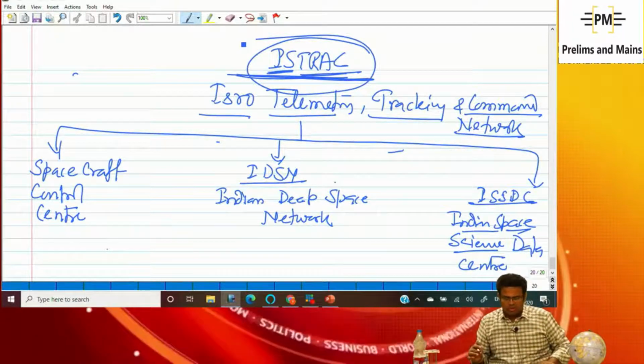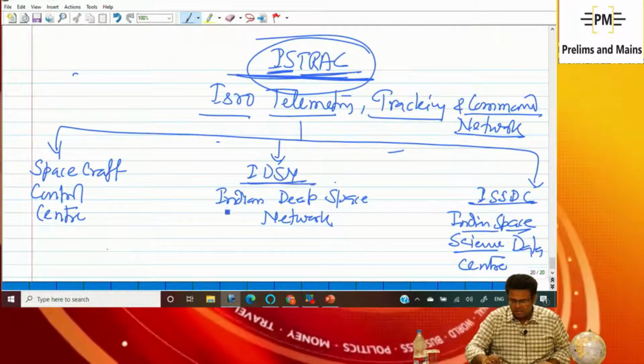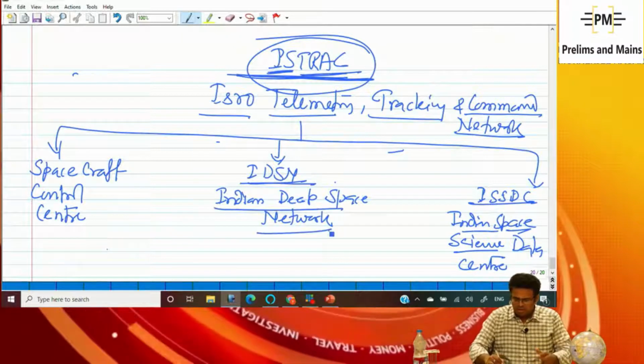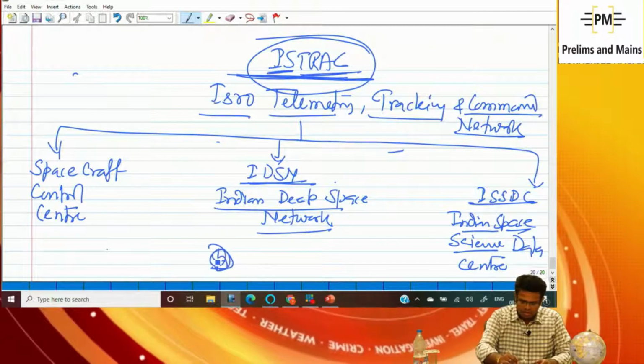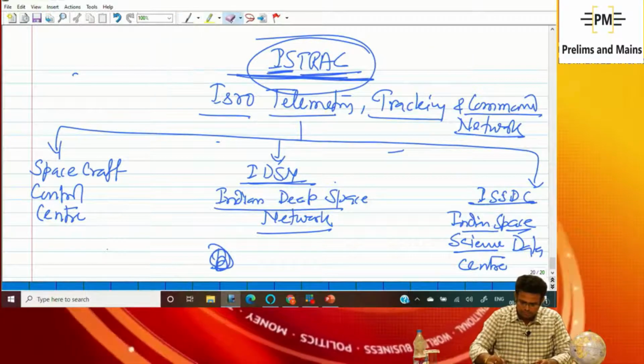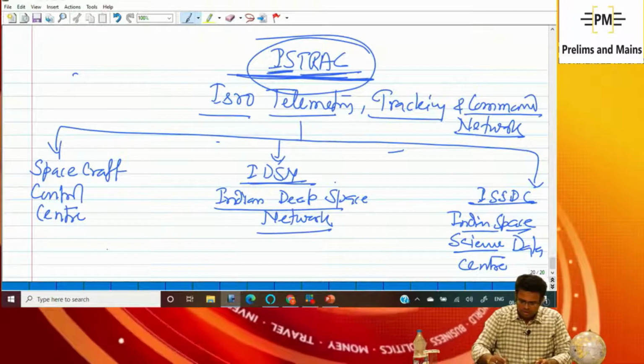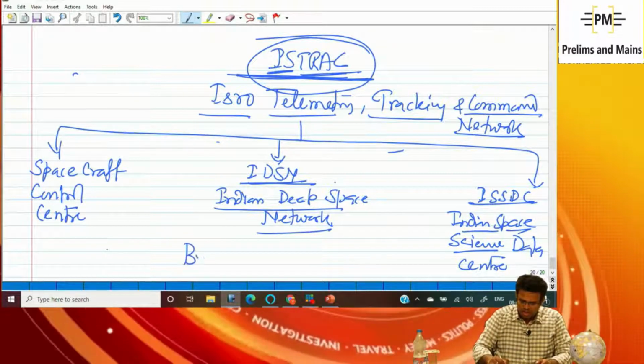So you can see the IDSN, Indian Deep Space Network. Nearby Bangalore there is a place called Byalalu. What is the name I am saying? It is Byalalu.